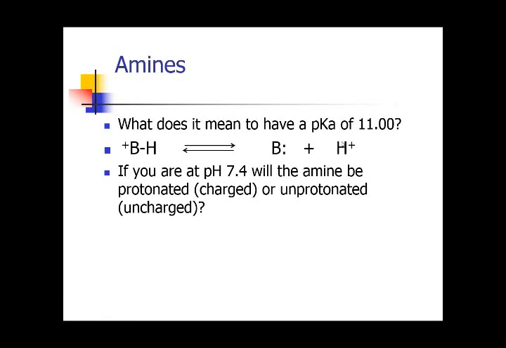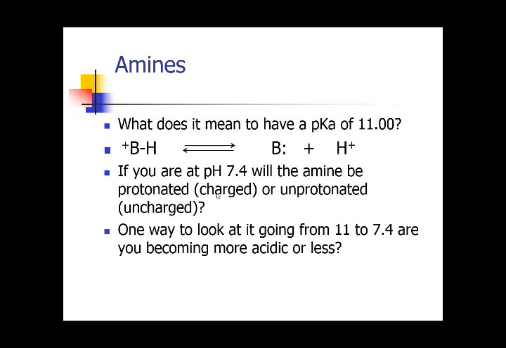So if you are at pH 7.4, will the amine be protonated or unprotonated? Hopefully you can figure this out. Take a moment, press pause, and figure it out. So again, as I mentioned, if you look at what has to happen going from a pH 11 to 7.4, you're becoming more acidic.